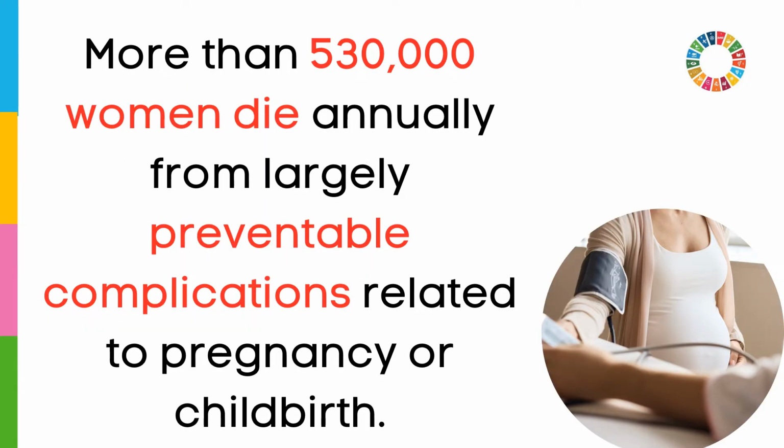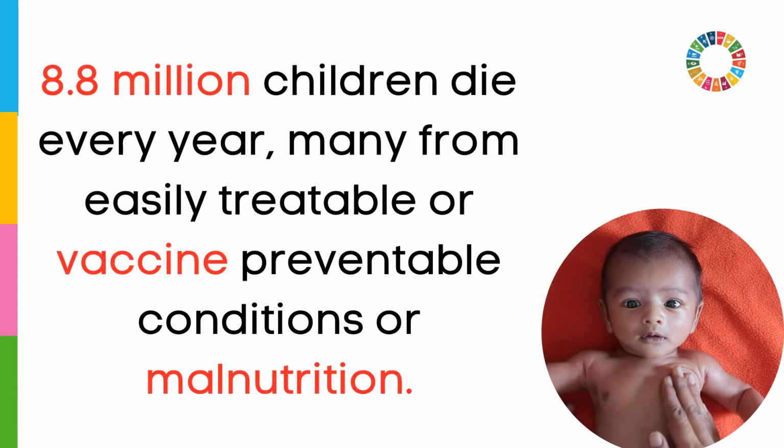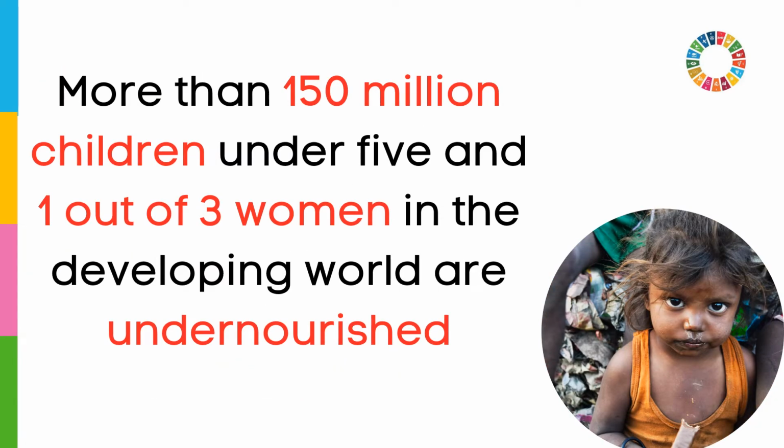More than 530,000 women die annually from largely preventable complications related to pregnancy or childbirth. 8.8 million children die every year, many from easily treatable or vaccine preventable conditions or malnutrition. More than 150 million children under 5 and 1 out of 3 women in the developing world are malnourished.